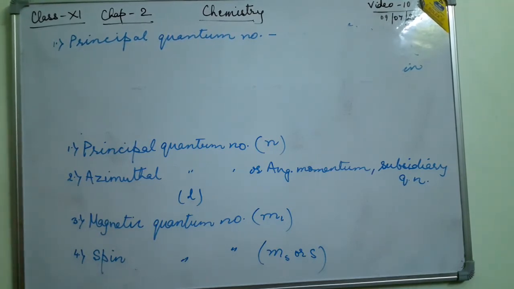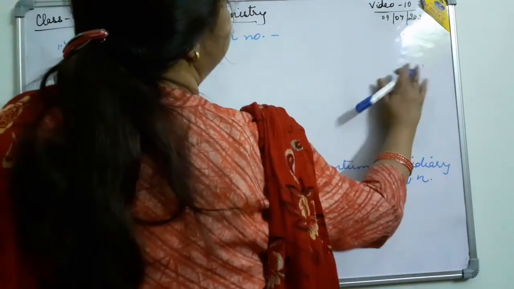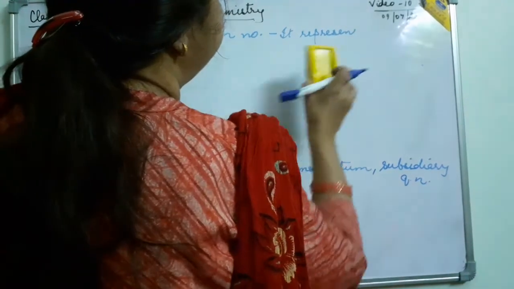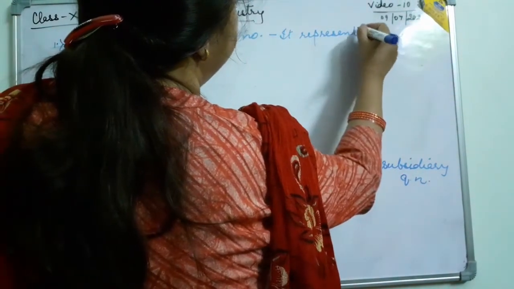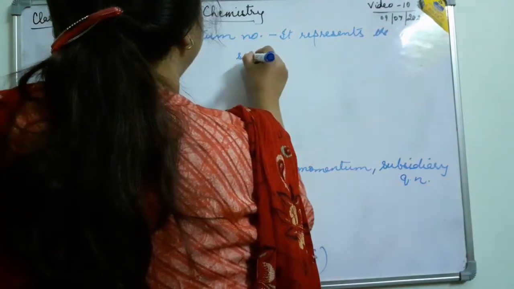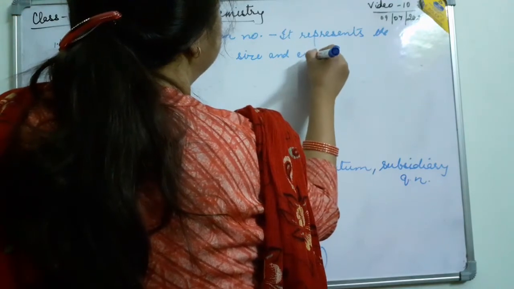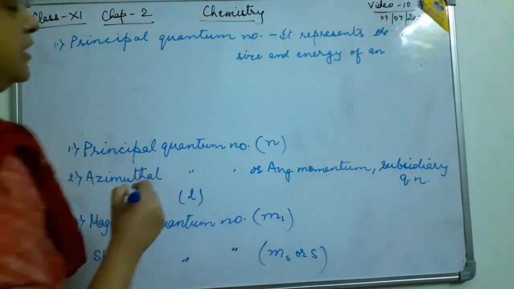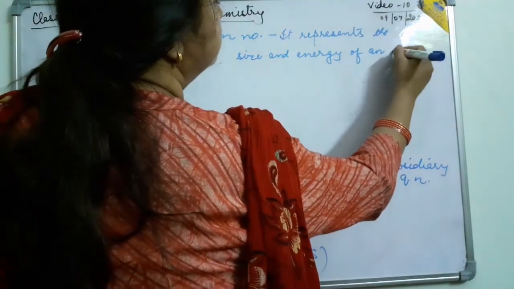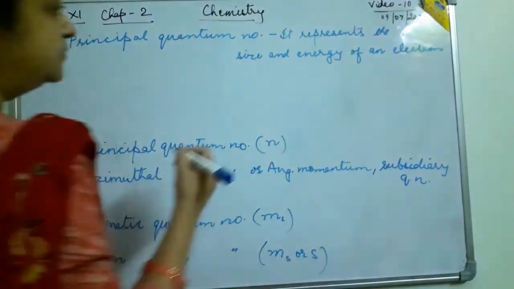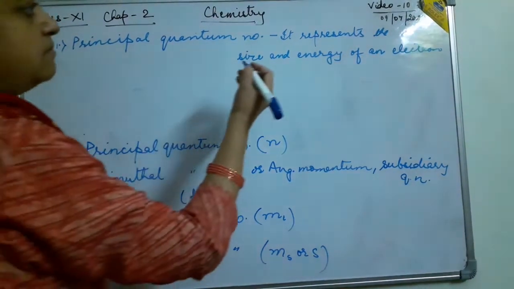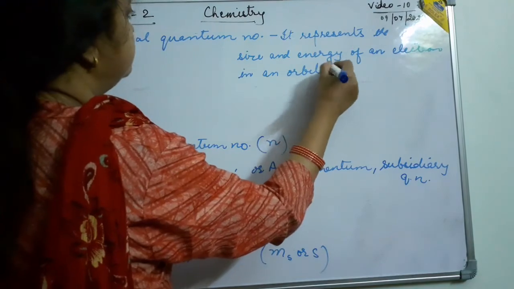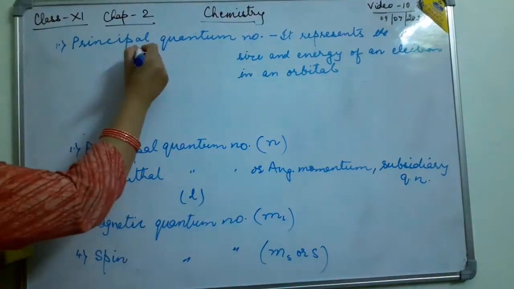So we can simply say that it represents the size and energy of an electron in a shell or in an orbital. This principal quantum number is denoted by n.